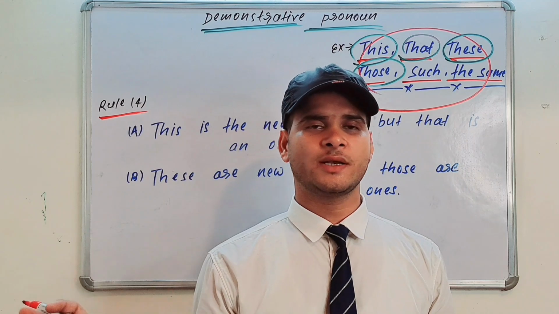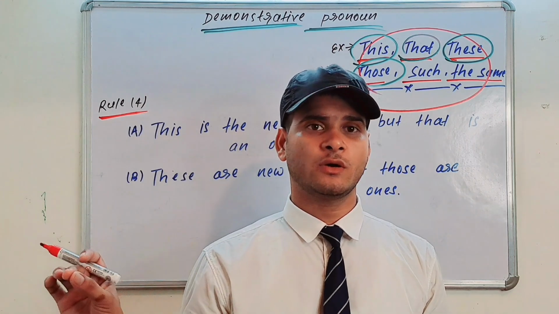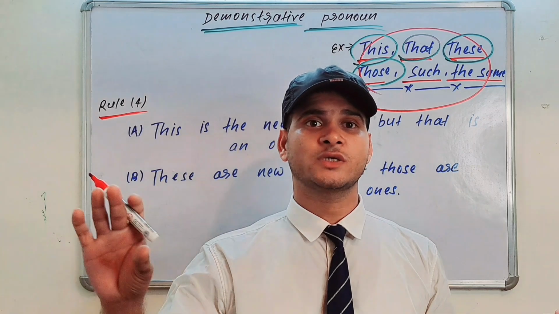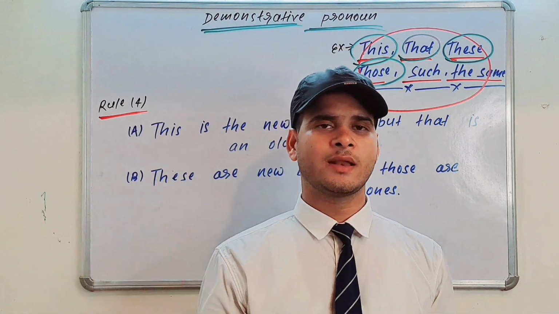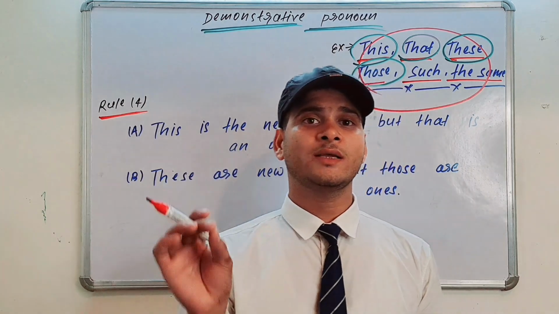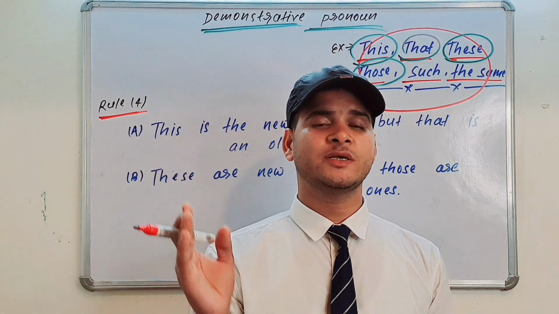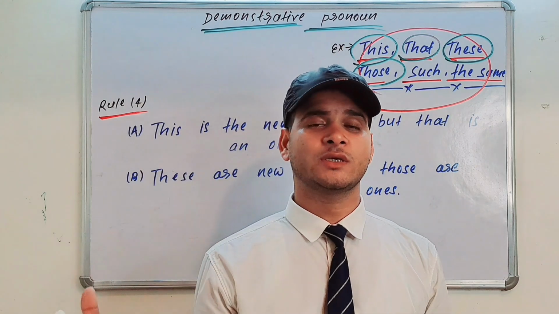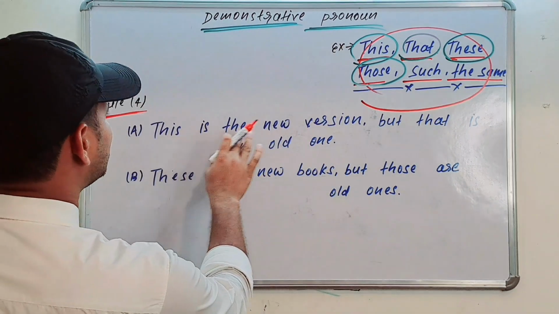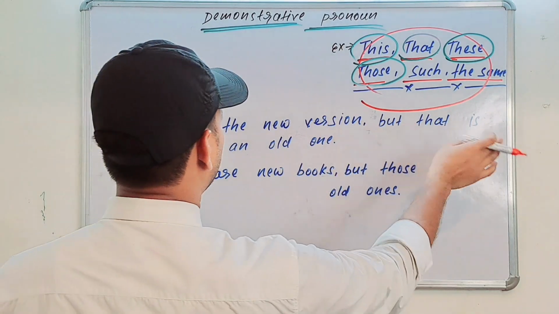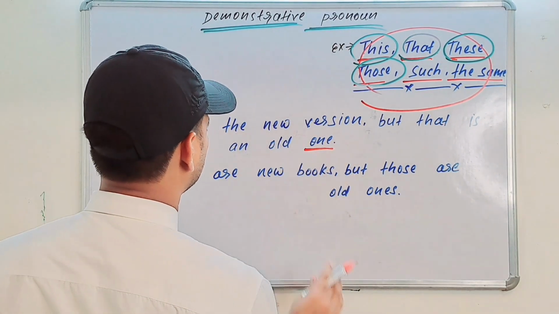"One" is used in a sentence to eliminate the repetitive use of a singular countable noun. Again, I'm telling you, "one" is used in a sentence to eliminate the repetitive use of a singular countable noun. Like, see, this is the new version, but that is an old one. Here, "one" is used.